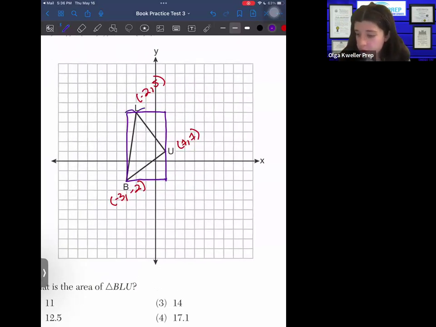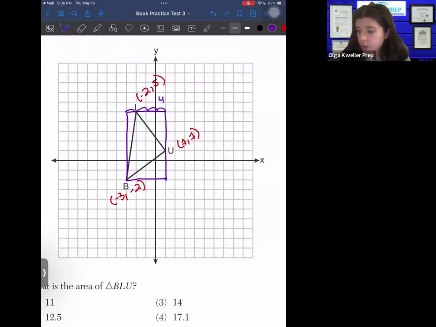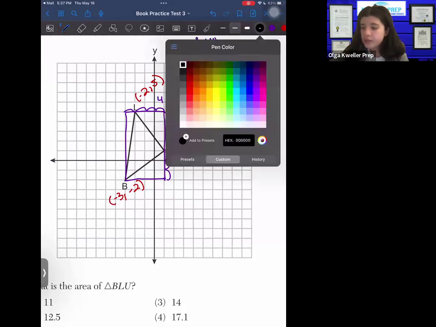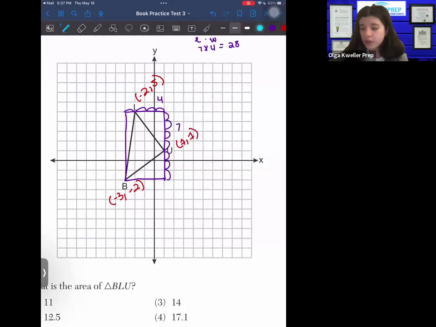So we're going to have 1, 2, 3, 4. And then we're going to have 1, 2, 3, 4, 5, 6, 7. So the area of our box, length times width, is going to be 28. And now I can figure out the areas of all these little triangles, because they're less annoying, they're clear.